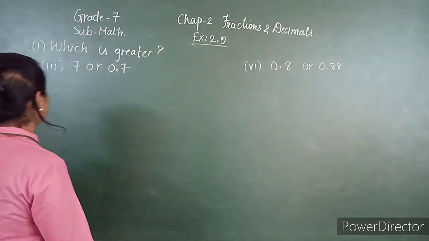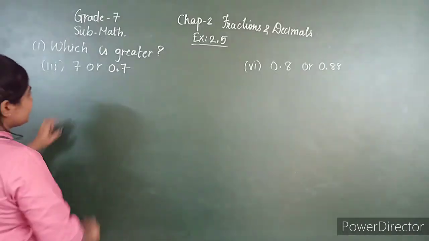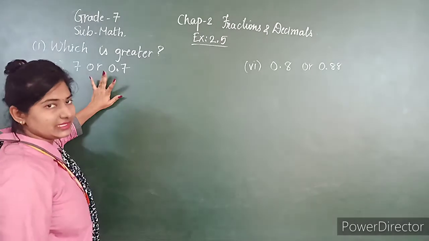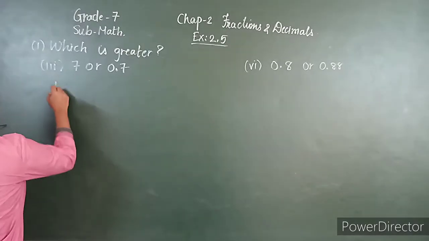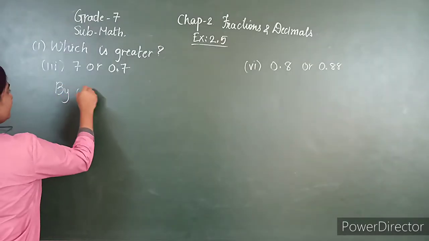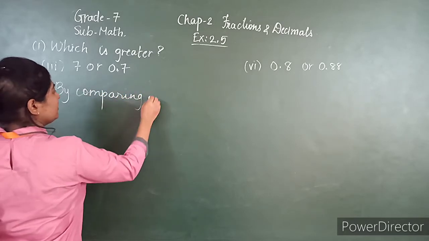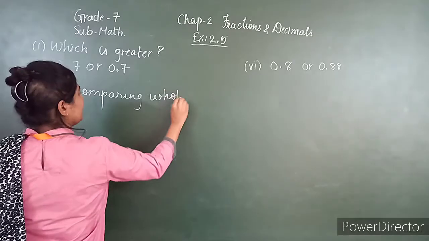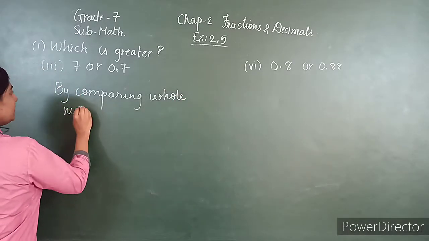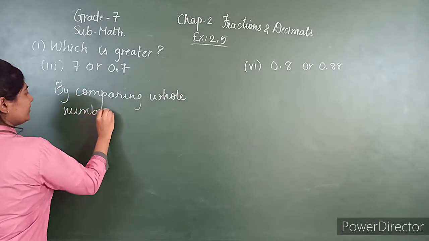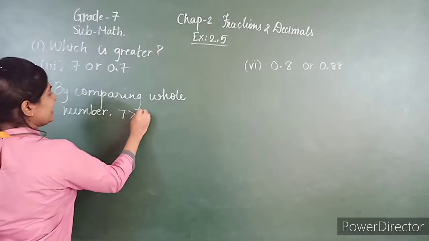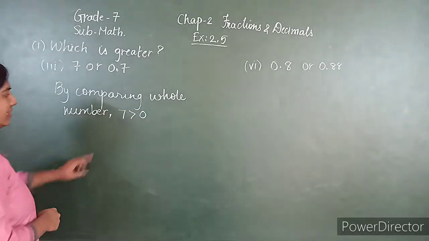Now number 3, 7 or 0.7. Here in the whole number 7 is given and here 0 is given. So first of all we have to compare the whole number. Whole number 7 is greater than 0.